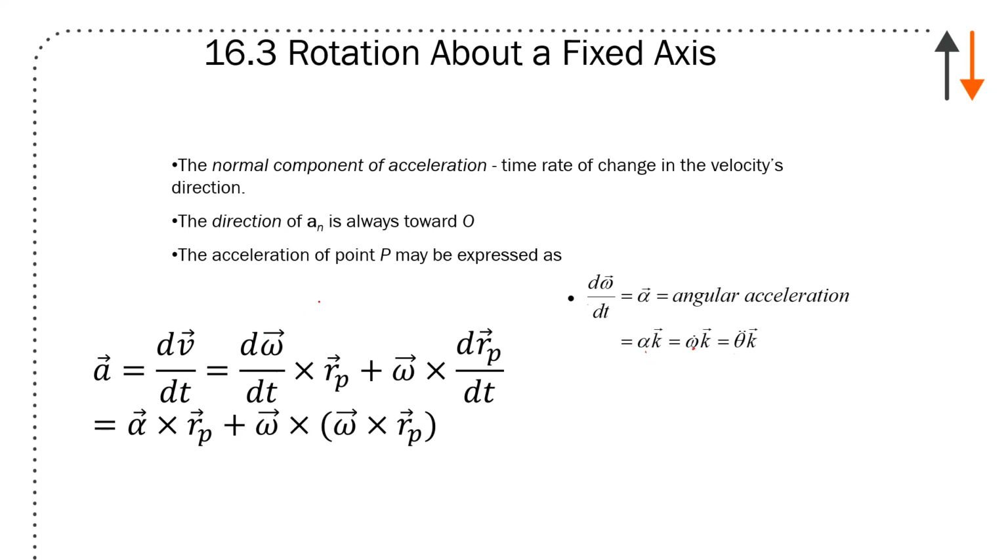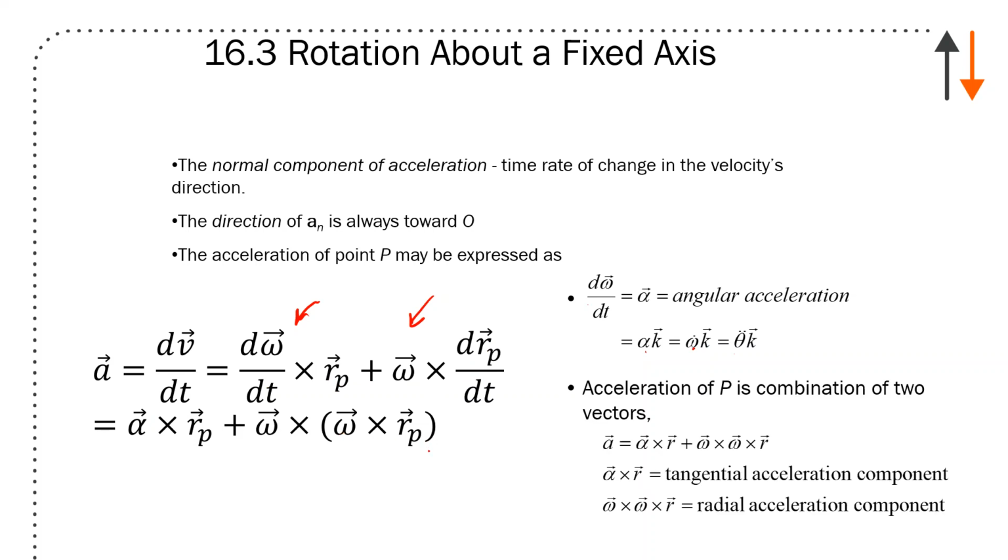But it's important to recognize that I can also write this as a vector: d omega dt cross r_P, omega cross dr_P dt, or alpha cross r_P, omega cross r_P.